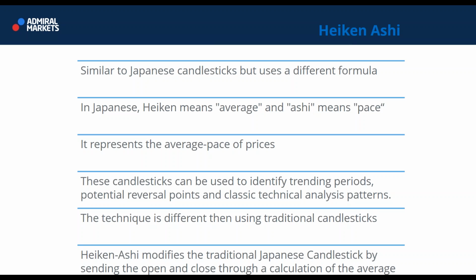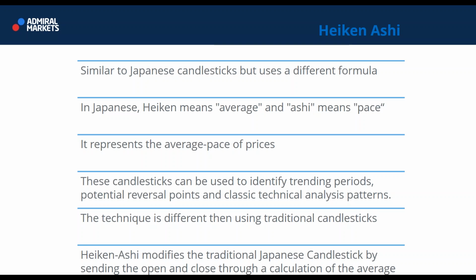Also, the technique is very different than using traditional candlesticks, because Heiken Ashi modifies traditional Japanese candlesticks by smoothing the open and close through a calculation of the average. What is also important is that these candles can always be used in any system.